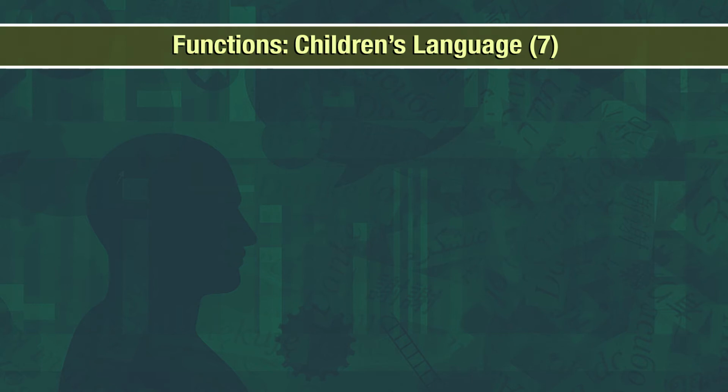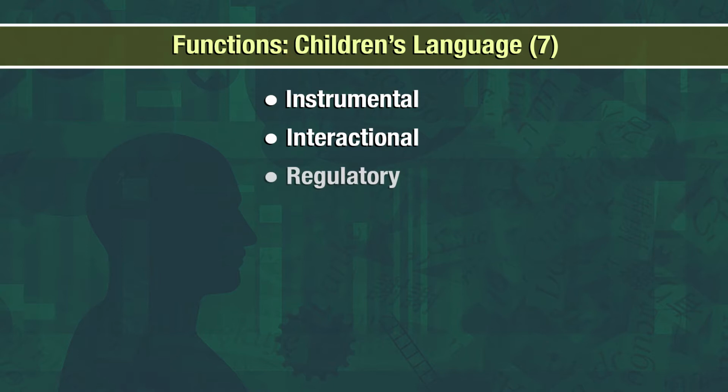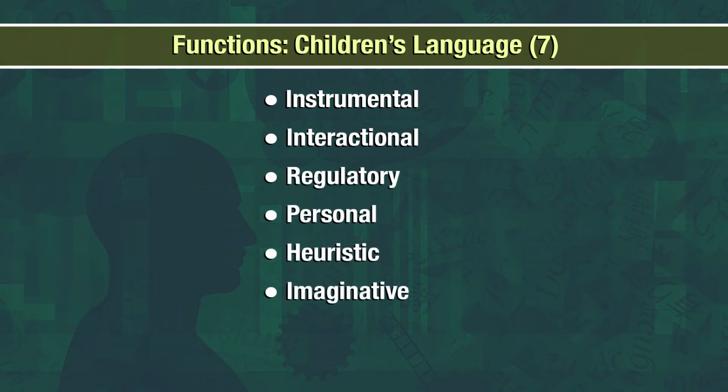Analyzing the language that children learn, he identified 7 basic functions that children use the language for: instrumental, interactional, regulatory, personal, heuristic, imaginative, and representational. We will look at each function that language serves independently. The first one that we will take up is instrumental function of language.